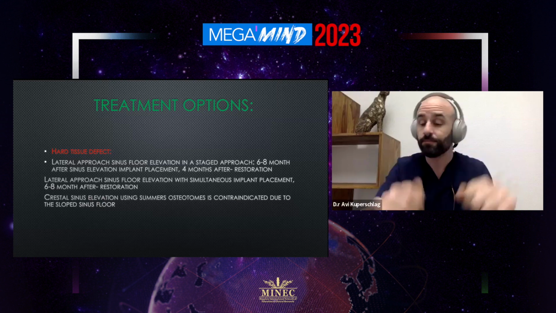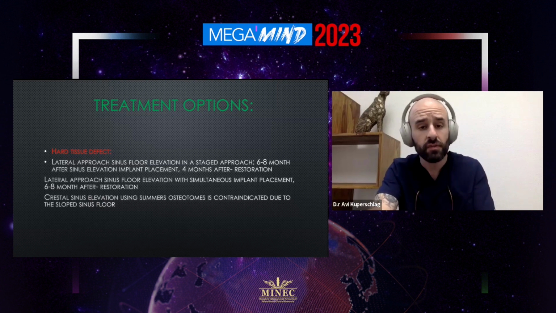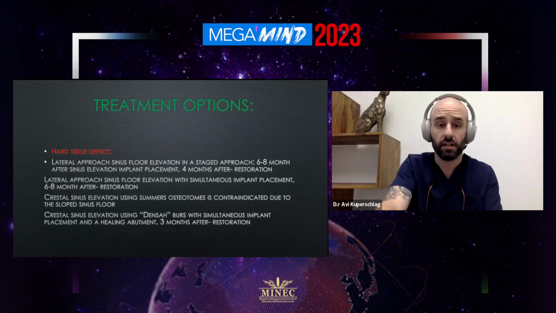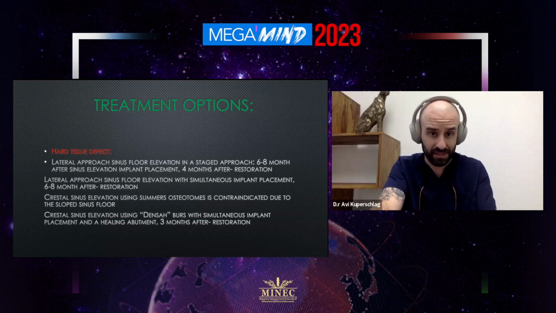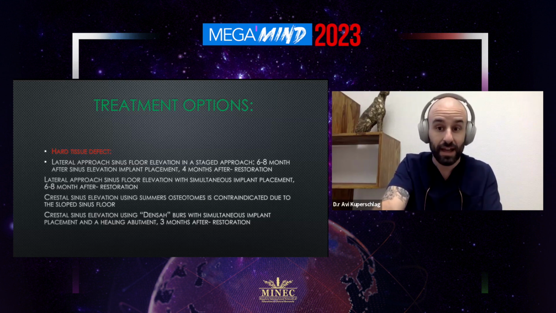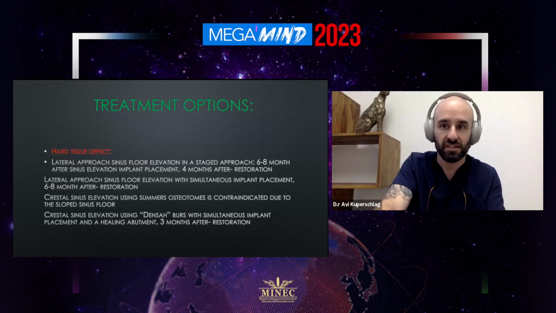So Summers is a complete contraindication for us, but we can also use Densberg and go for crestal sinus elevation with simultaneous implant placement with a healing abutment, meaning we go for a 1-stage approach, and 3 months after, restoration.